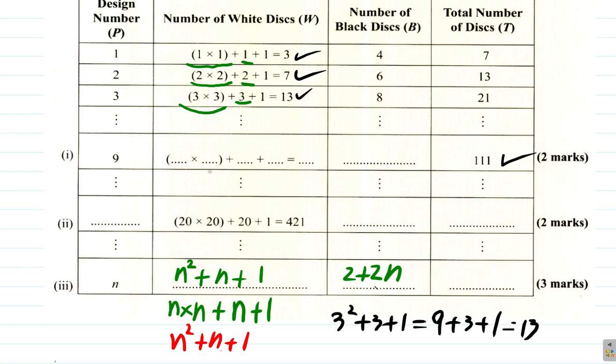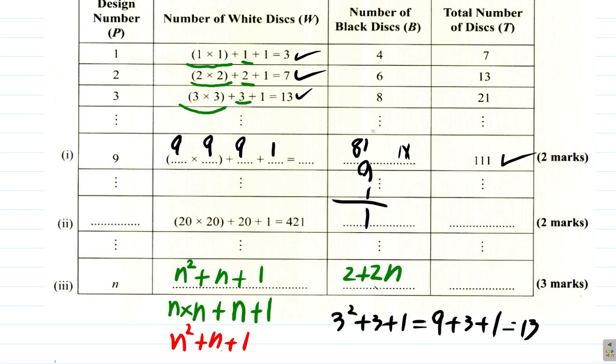For design 9, it would be 9 times 9, which is 9 squared, plus 9 plus 1. Now, 9 squared is 81. So, we should have 81 plus 9 plus 1. 9 and 1 is 10 and 1 is 11.